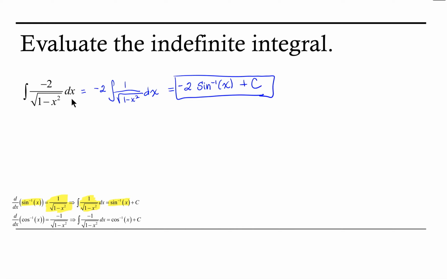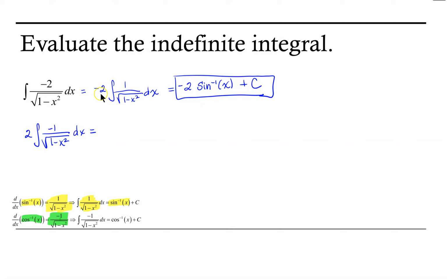Now there is another possibility here. Instead of bringing this -2 coefficient in front of the integral symbol, we could just as well have brought out the 2 and had 2 times the antiderivative of -1 over the square root of 1 minus x squared dx. And if we did that, then we could rely on what we know about the derivative of the arc cosine function.